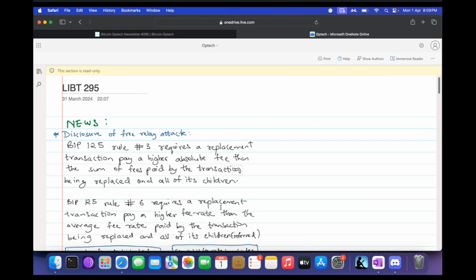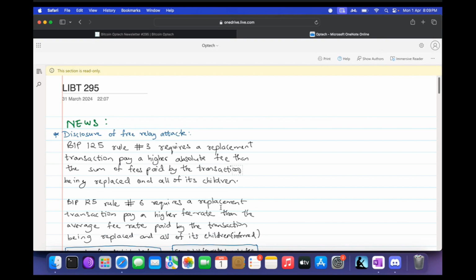If you go through BIP 125, which talks about RBF, there are 5 rules. Rule 3 says that for one transaction to replace another transaction, the transaction that is trying to replace should have a higher absolute fee than the absolute fee being paid by the transaction that it is trying to replace, along with the cumulative absolute fee of all of its ascendants.